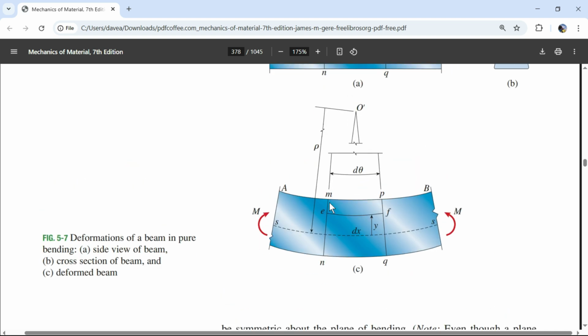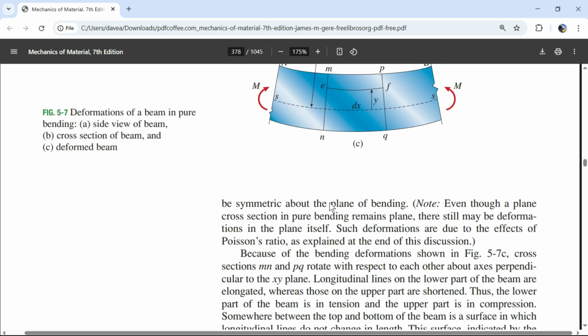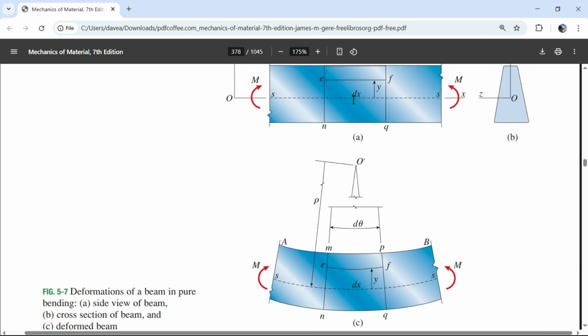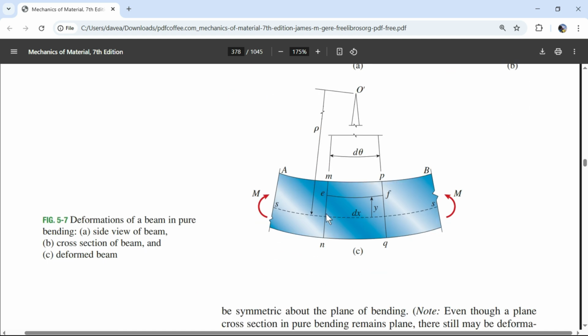Cool. And in this, I guess we haven't even talked about it. They just said that this dimension is dx, and when we curve it, it's still the same length. But if this is part of an arc, we're going to give it the letter s.